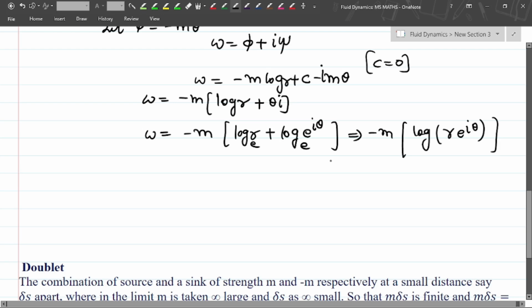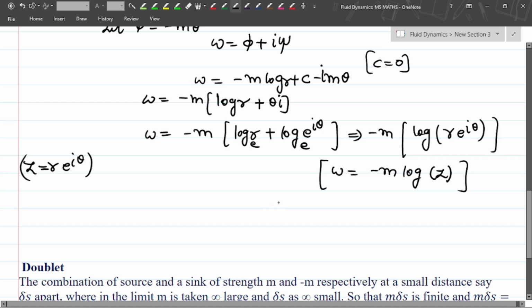Okay, so this is basically the complex function. Then w is equal to minus m log of z. The polar form of z is nothing but r e to the power iθ. So it is my minus m log z. So this is the complex potential function.